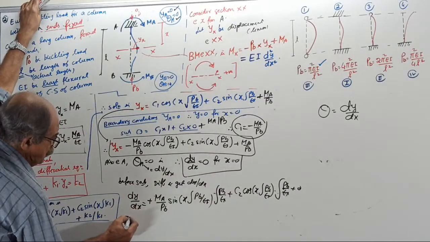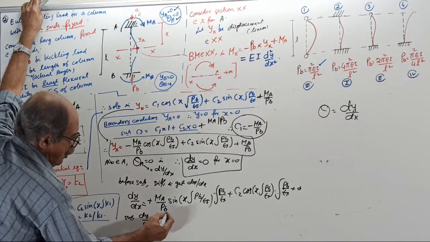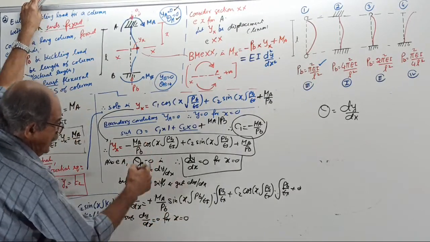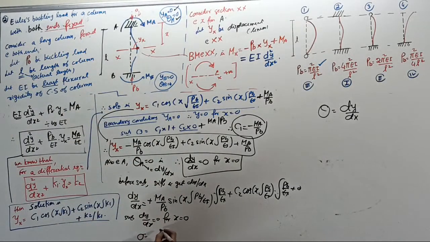Now substitute dy by dx equal to 0 for x equal to 0. What do you get? 0 equal to, sine 0 is 0, so you don't have to worry about this term, 0 plus C2 into cos 0, which is 1, into root PB by EI.